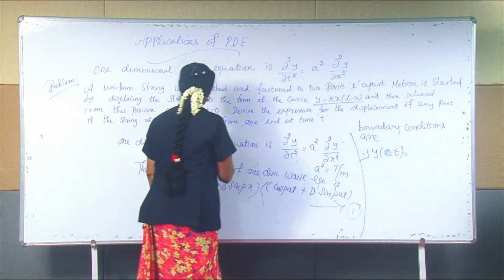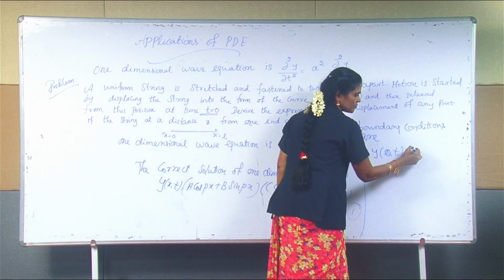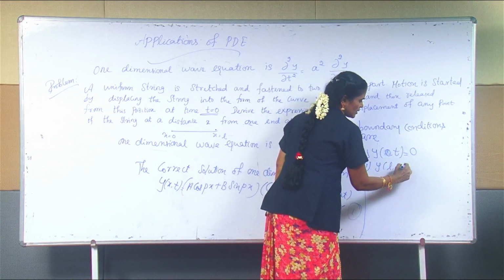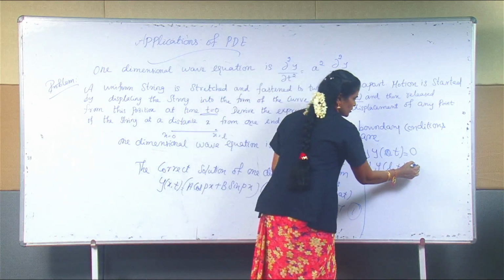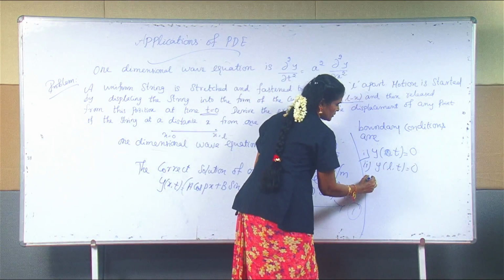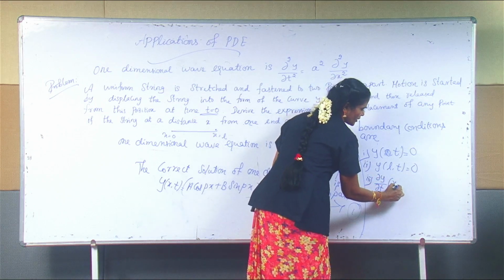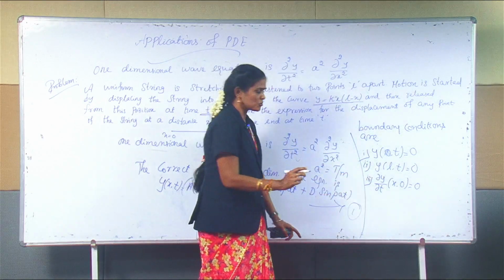Initially it is at rest, so that is why you take x as 0. So, y of 0 comma t value is 0. Second one: length is L here, so y of L comma t value is 0. Third one: velocity is not given initially, that is why dou y by dou t at x comma 0 equal to 0.